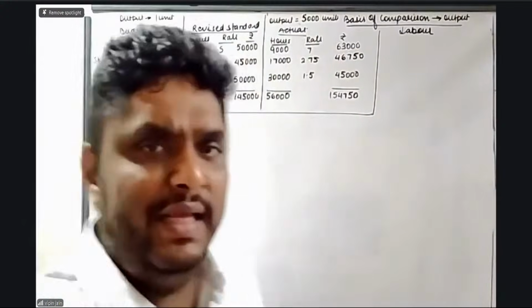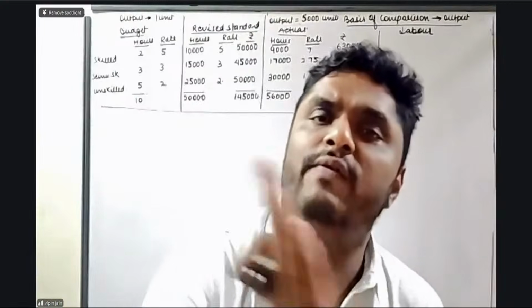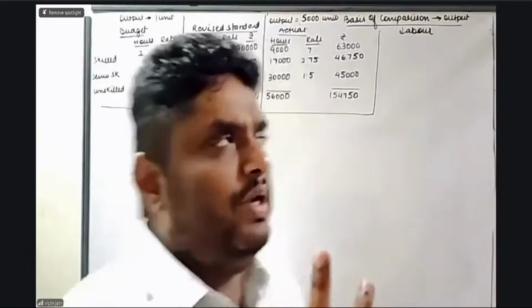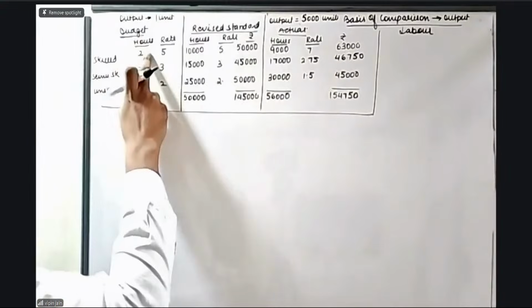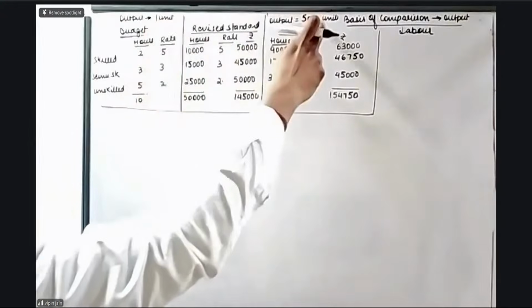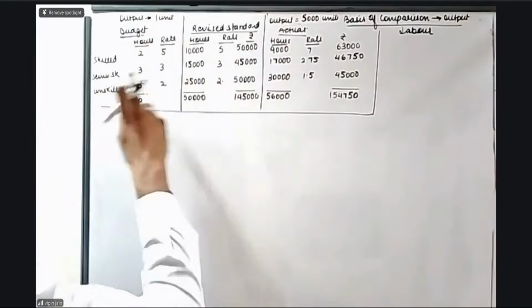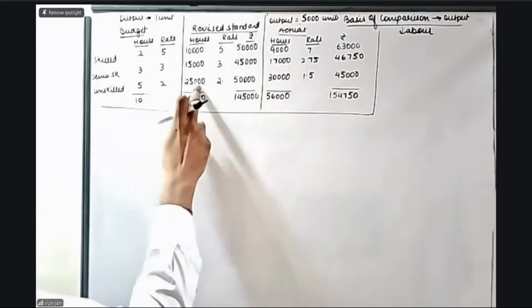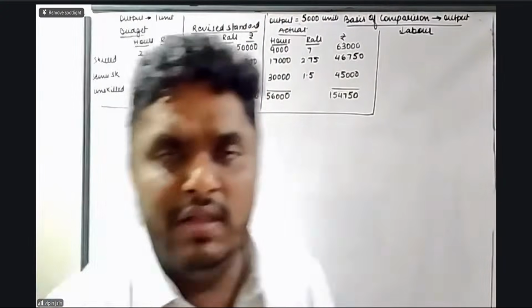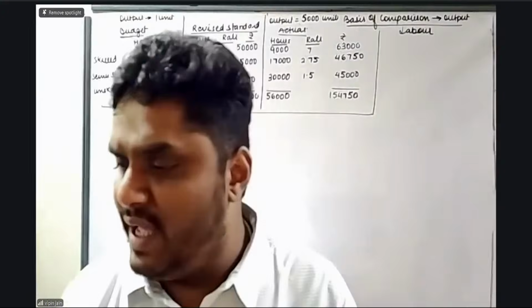So just like material, in labor variance also we will prepare the revised standard. Budgeted hours are 2 for 1 unit, so for 5,000 units, 10,000 hours. Similarly, for semi-skilled it is 15,000 and for unskilled it is 25,000. So the concept is just like material variances.